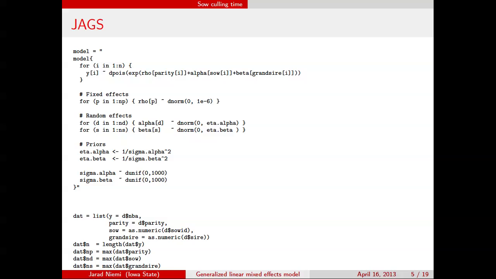The mean of the Poisson is, right, e raised to the power here. That's the exponential function. We have in effect, rho for the parity, alpha for the sow, and beta for the grandsire. Right, and then these functions, parity i, sow i, and grandsire i, just return the parity, sow, and grandsire for that particular litter.